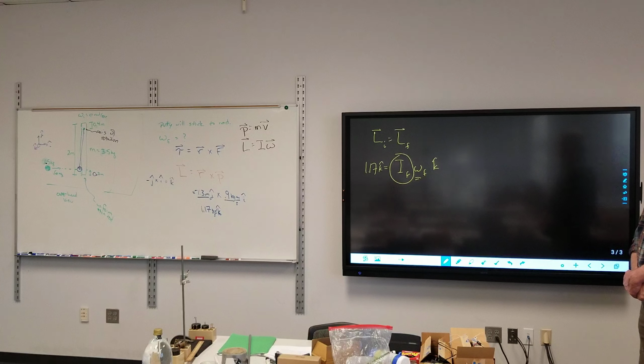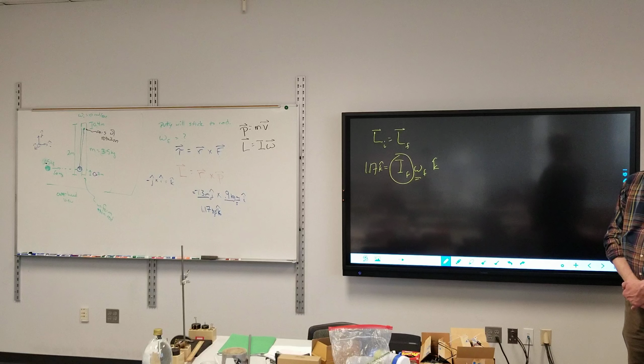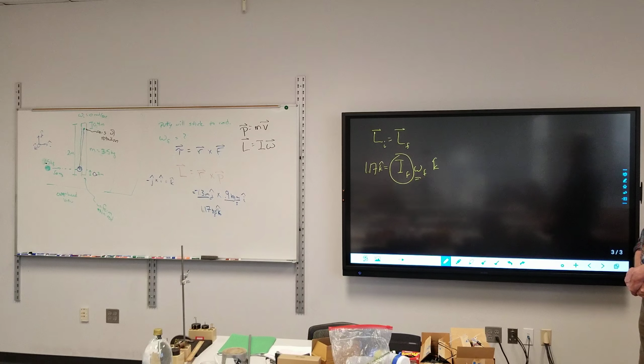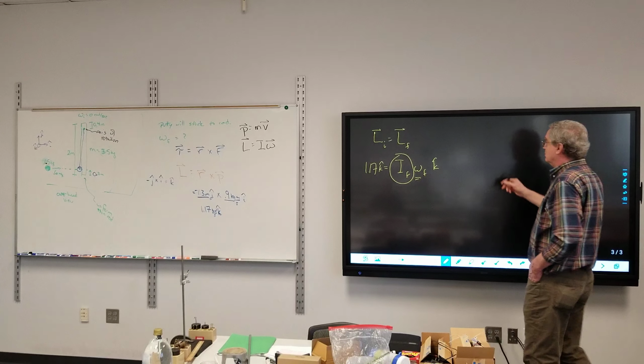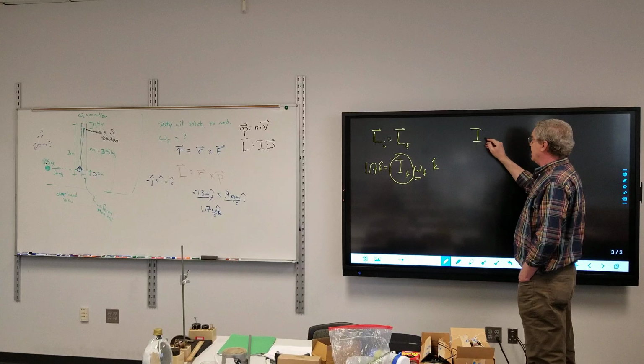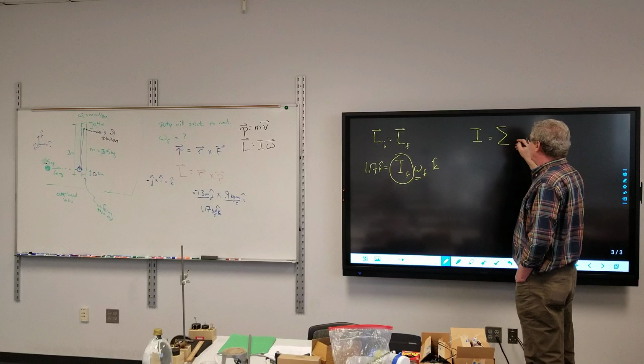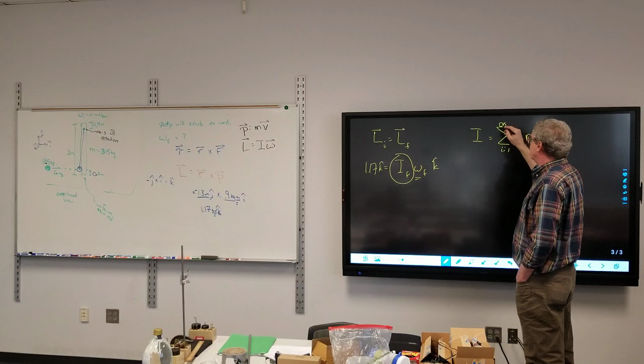So, how do you find the moment of inertia of this rod-putty combination? If you recall, ultimately, if we went back to the beginning, the moment of inertia is the sum of m_i r_i squared, i equals 1 to technically infinity.